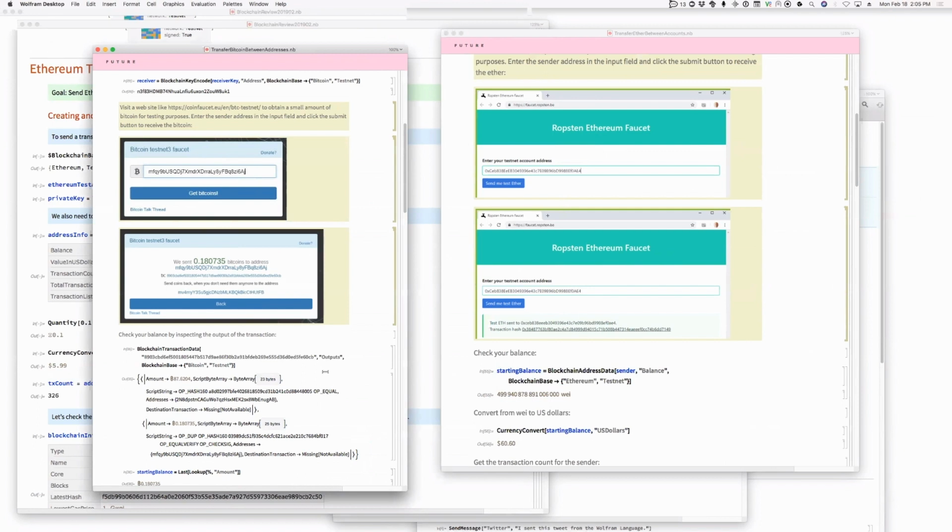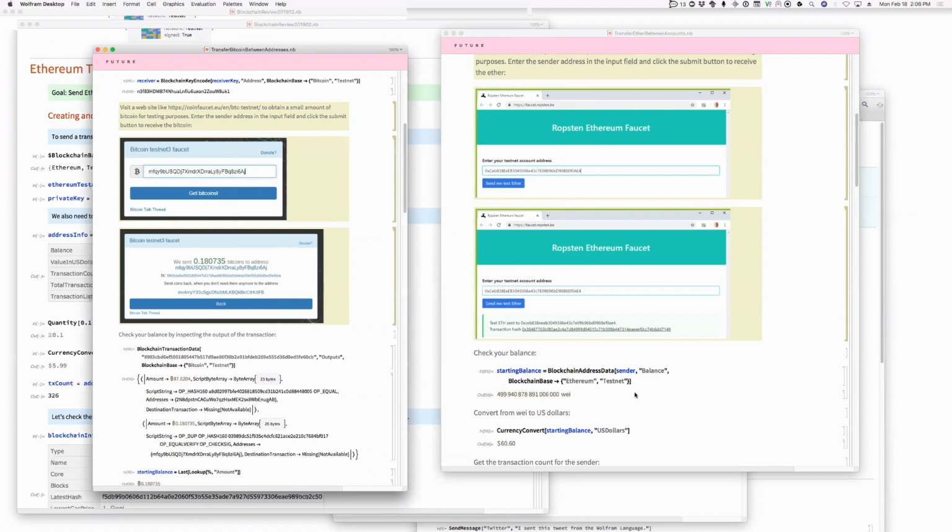Explain. What's the analogy between the Bitcoin case that you're showing here and the Ethereum case that you're showing here? It is somewhat different because in the case of Bitcoin, the blockchain only stores the transactions, and it is up to you to compute your balance. In the case of Ethereum, the actual blockchain saves the balance. So you just call the blockchain and you get your balance. It is more straightforward.